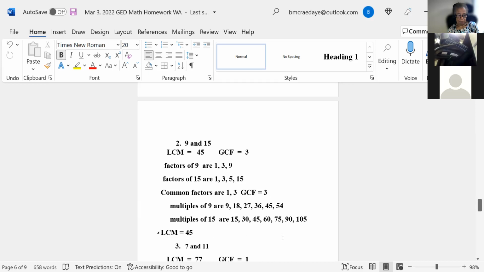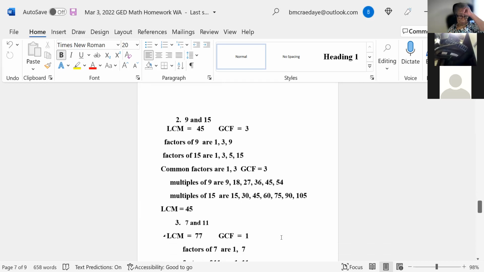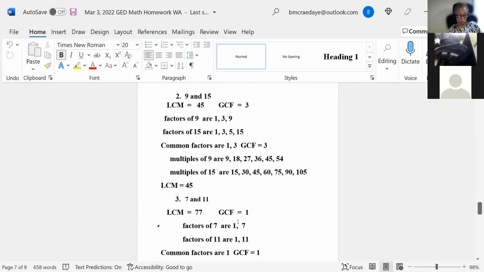Got it? Now, 7 and 11, both are prime numbers, right? So the factors are 1 and 7, and 11, 1 and 11. So the common factor they have in both lists is 1.